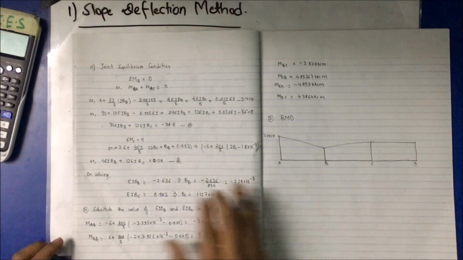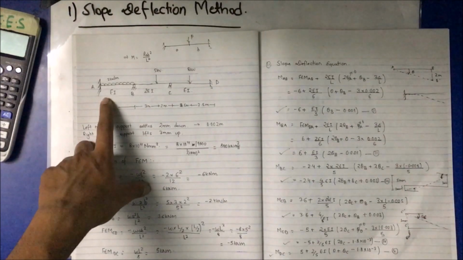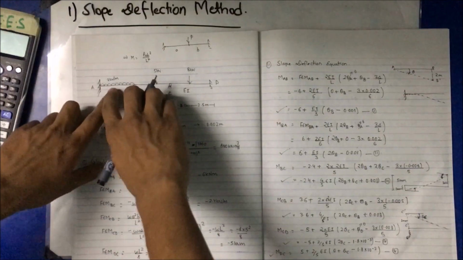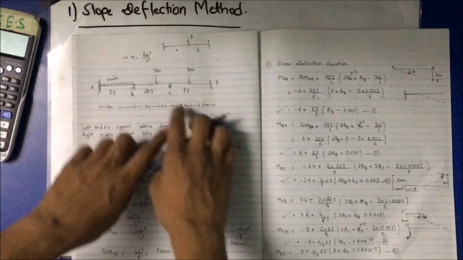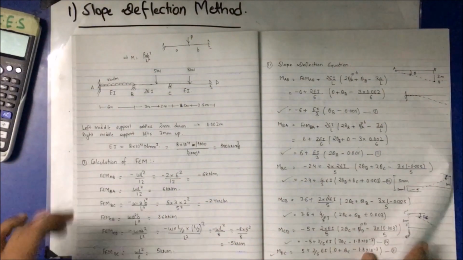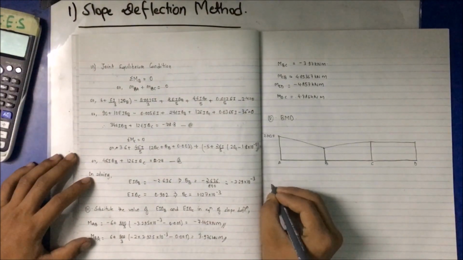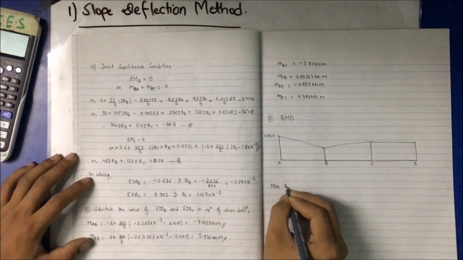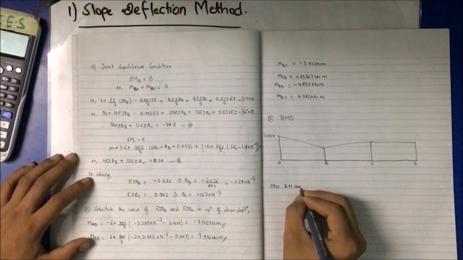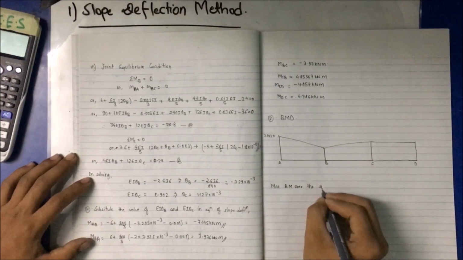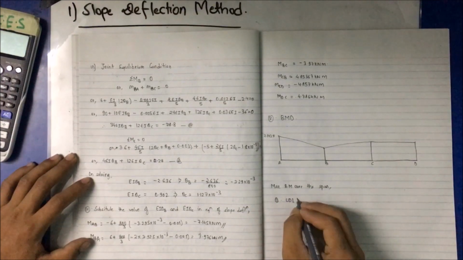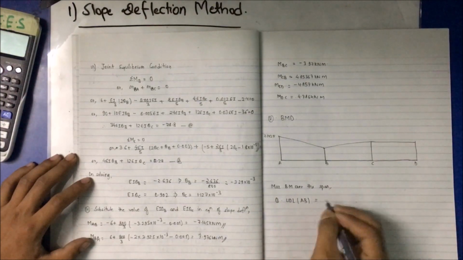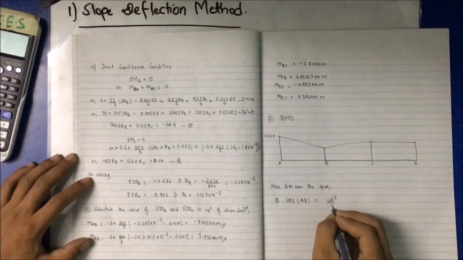If we see, AB has a uniformly distributed load, BC a point load, and CD a point load. Now, the maximum bending moment over each span. First the UDL, that is the AB portion; the formula is WL square by 8.